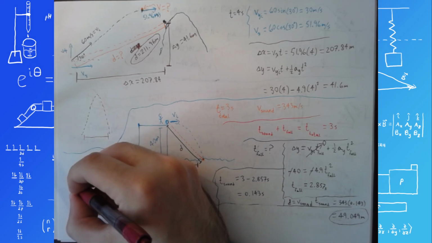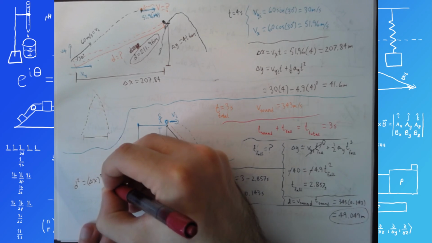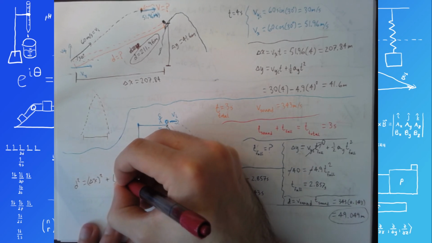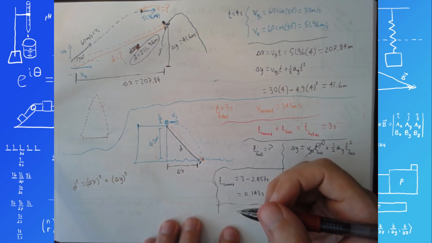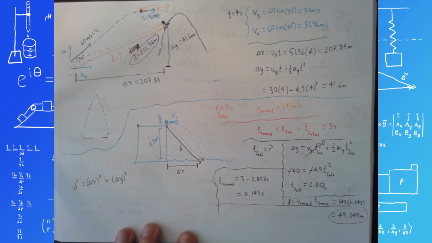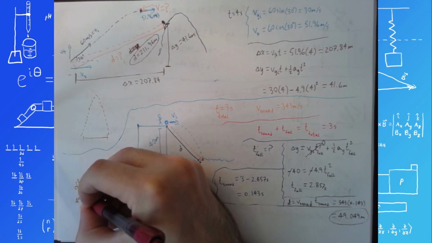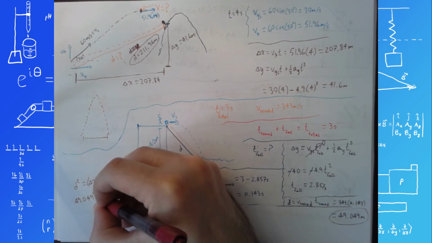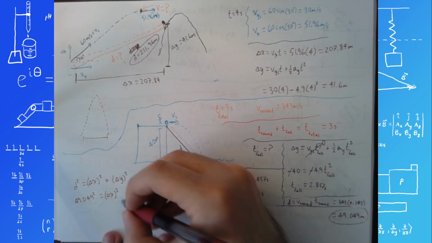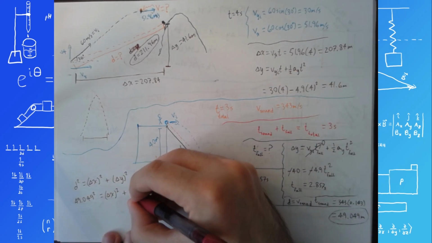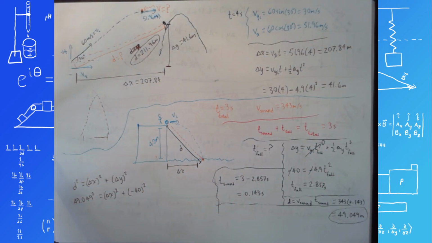So it's going to be d squared equals delta x squared plus delta y squared. 49.049 squared equals delta x squared plus negative 40 squared. Not that the negative matters here because when you square it, it's going to disappear anyway.